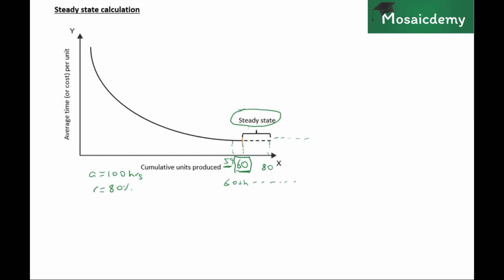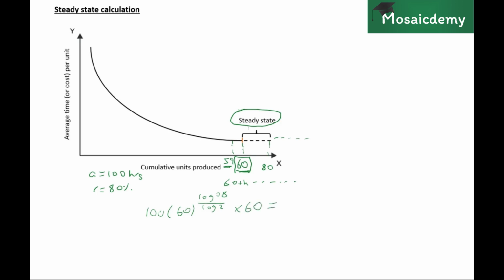So based on the learning curve formula, the total time for 60 units would be A, 100, into 60 raised to the power of B, which is log of 0.8 in this case, over log of 2. And then we'll need to multiply this by the number of units, which is 60.